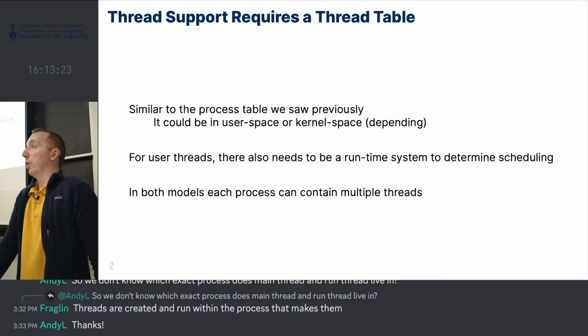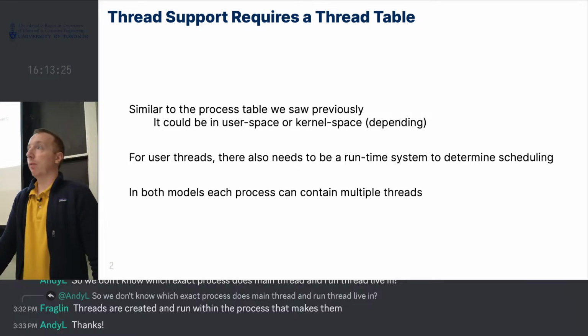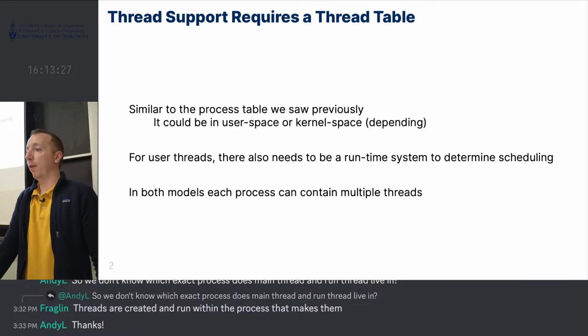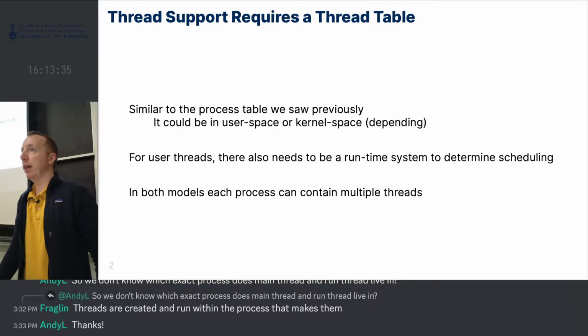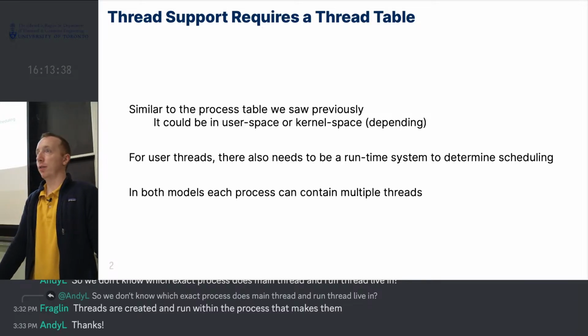So for user threads, which is what you'll be doing for lab 4, you get to keep track of all of them. Thankfully, calling it a table is a bit of a stretch. It's basically just a big old array. So it's just a big array of structures that you are using to track information about threads.